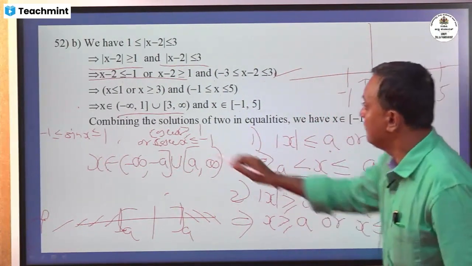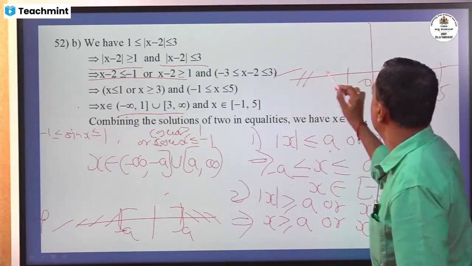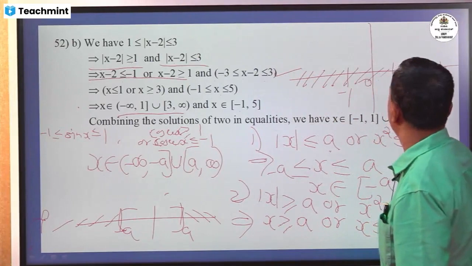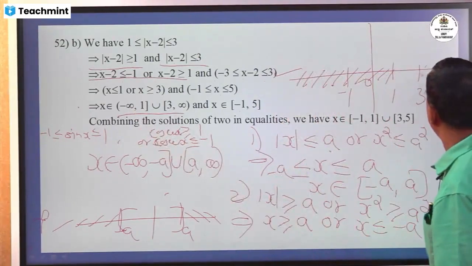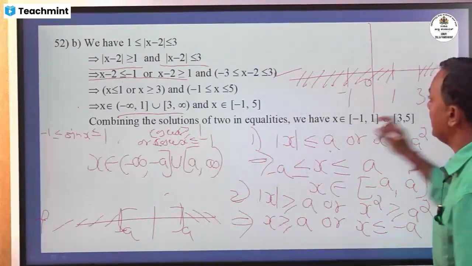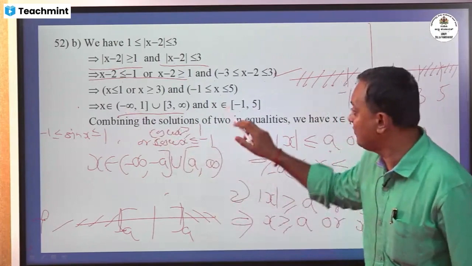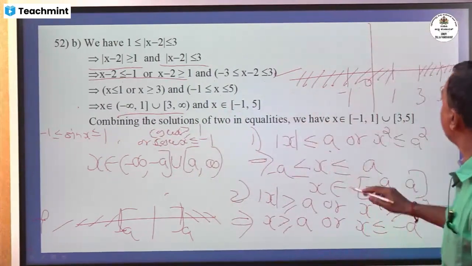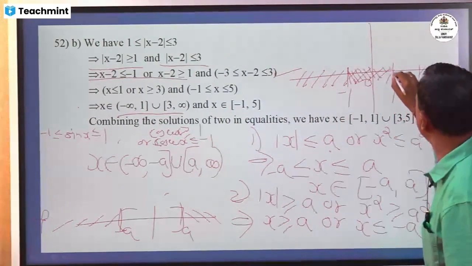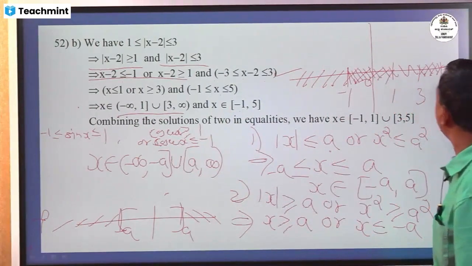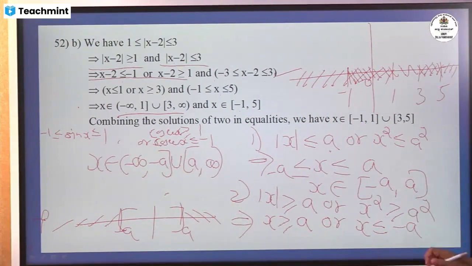For the first one, minus infinity to 1 or 3 to infinity. This is for this. And for the second one, minus 1 to 5. Now tell me, when we combine these two, what is the common region?